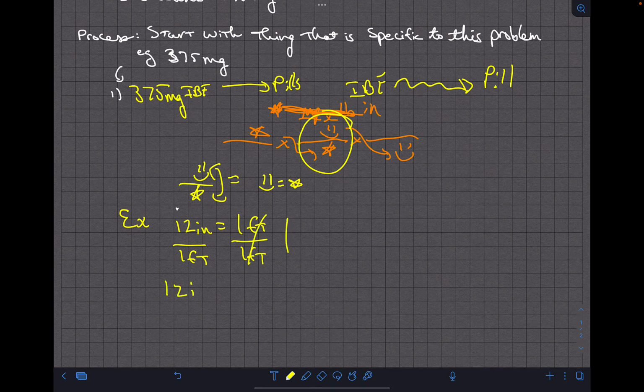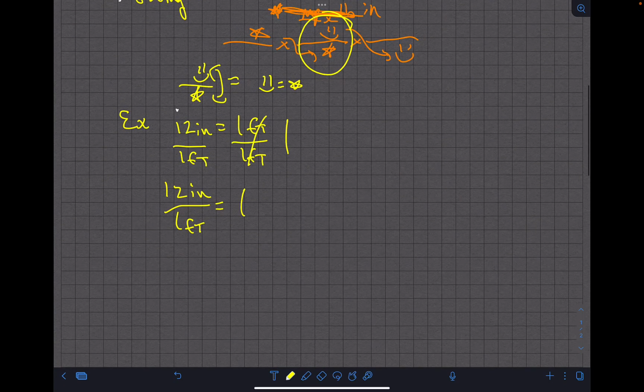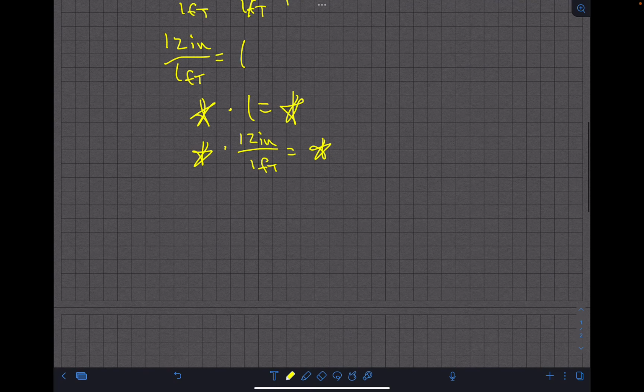So 12 inches divided by 1 foot is equal to 1. So any quantity, let's call it star, times 1 is equal to star. So star times 12 inches over 1 foot is still equal to star. We haven't changed the quantity at all, which is important. We've just translated it to another language, essentially.